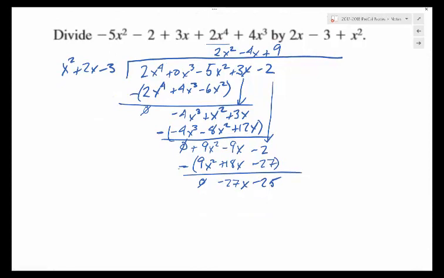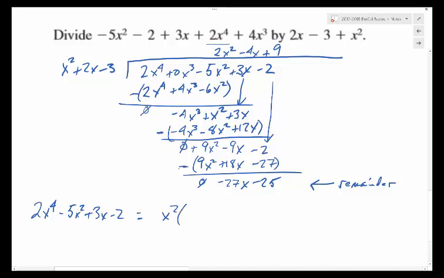So basically, I have a remainder. So if I were to rewrite it in the original thing, I could say that 2x to the fourth minus 5x squared plus 3x minus 2 equals x squared plus 2x minus 3 times 2x squared minus 4x plus 9 plus negative 27x minus 25.